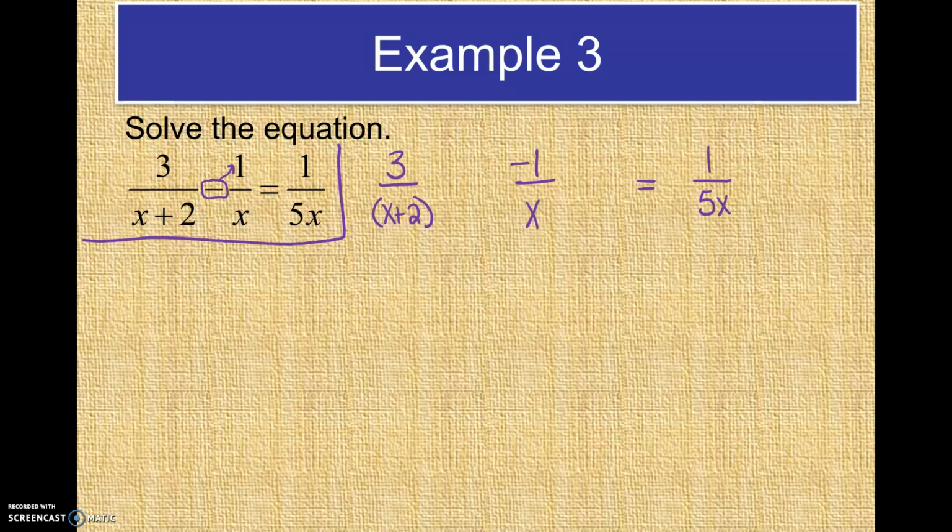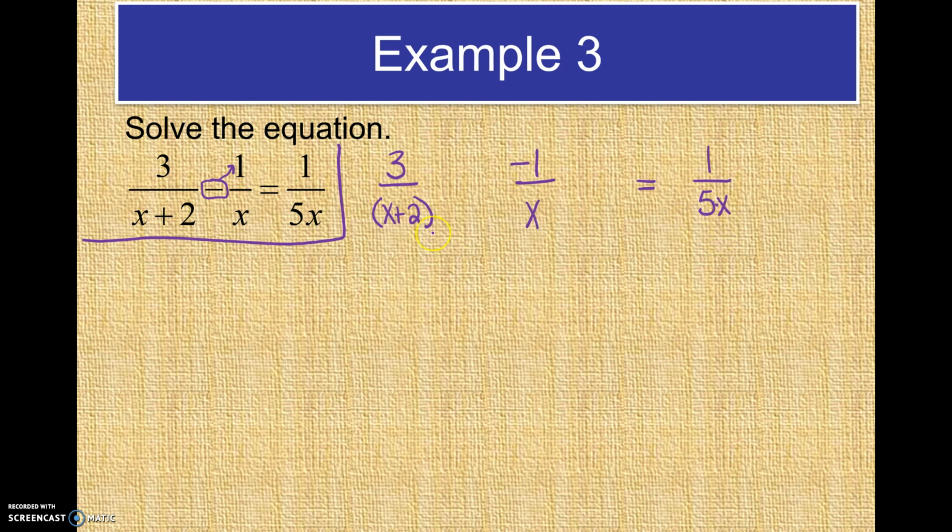Let's talk for a minute about the denominators. What denominators do you see? Or more precisely, what factors do you see in the denominators? X plus 2. Anything else? Five. Our denominators, the factors in the denominator, we've got x. The x is in 2 places.